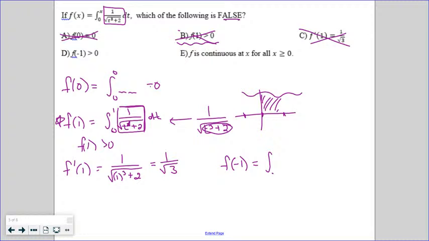So if I plug that in for x, first of all, we're integrating backwards here, and so we know that we can put a negative and flip our integration and go from -1 to 0.